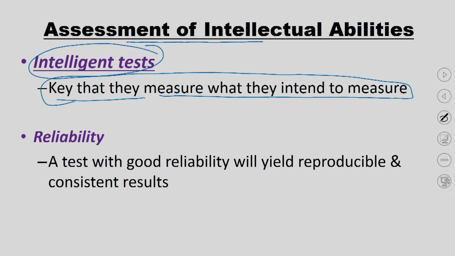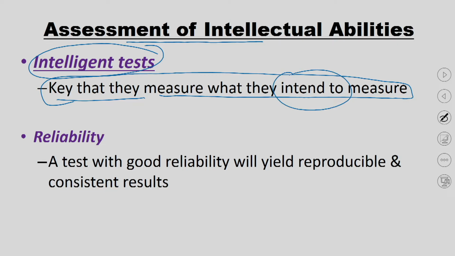The key to any intelligence test, whether it is Wechsler's intelligence test or Binet's intelligence test or for that matter any intelligence test, is that it actually measures what it intends to measure.